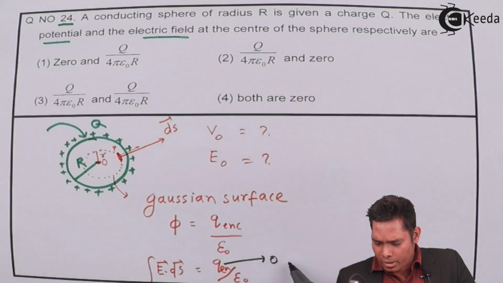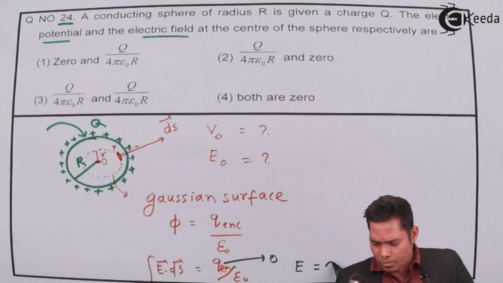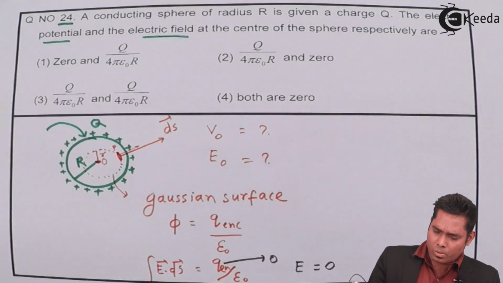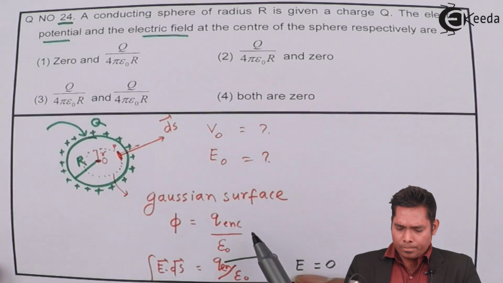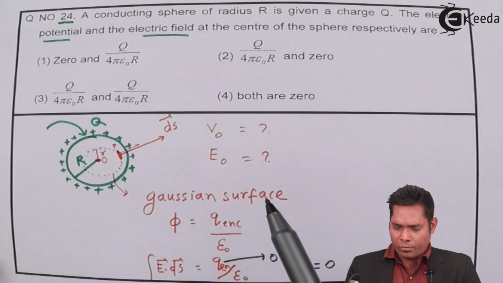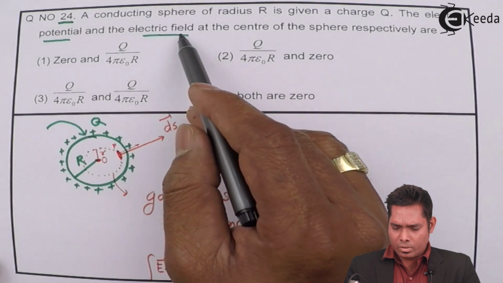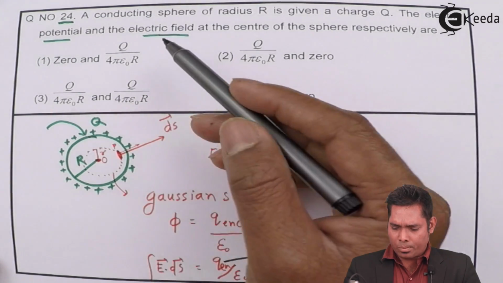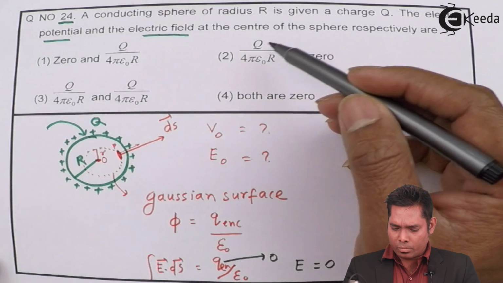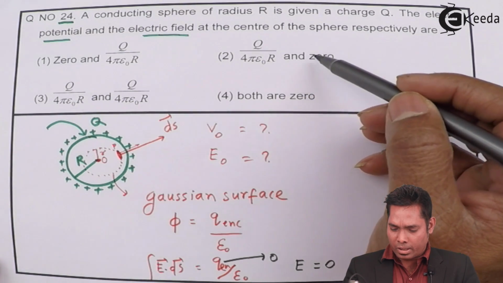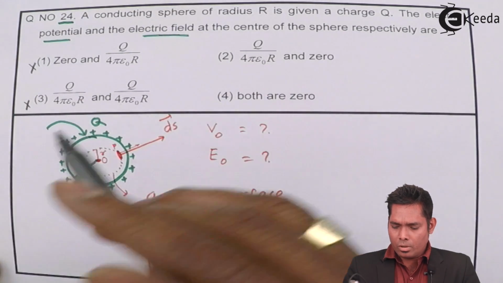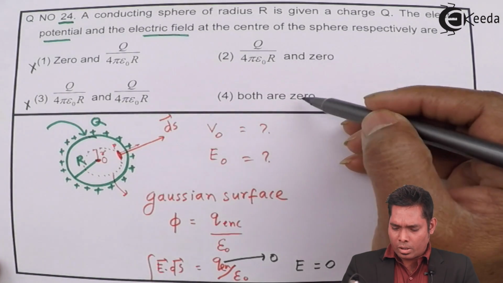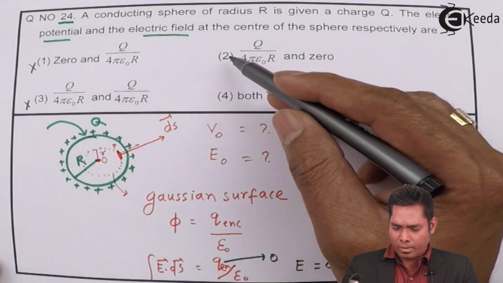Therefore E ultimately comes out to be 0. So inside, the electric field is 0. The second part of the question, the second option should be 0. For this we have zeros here and here, so this cannot be answered. Out of these two zeros, I have to check this one.